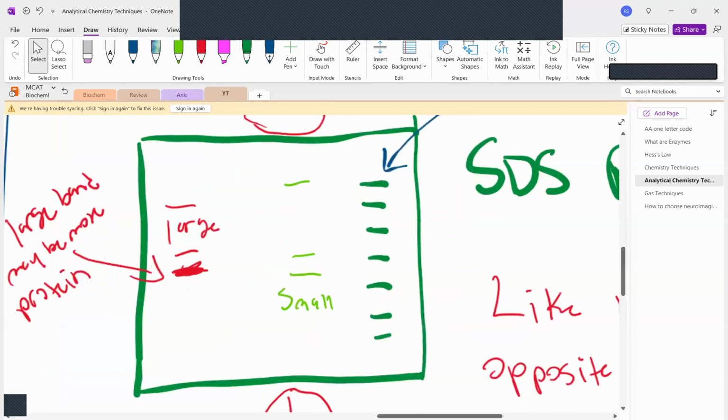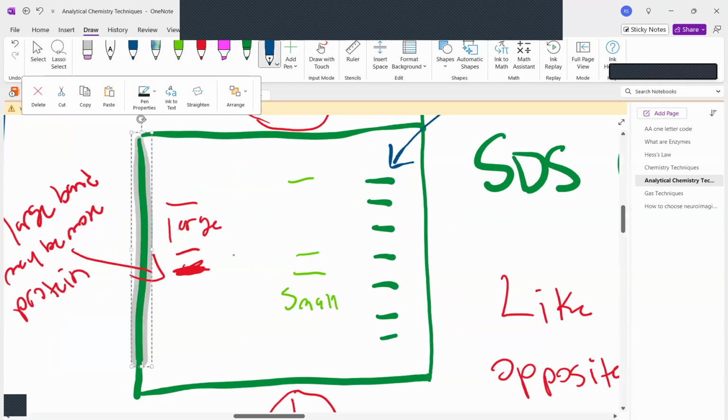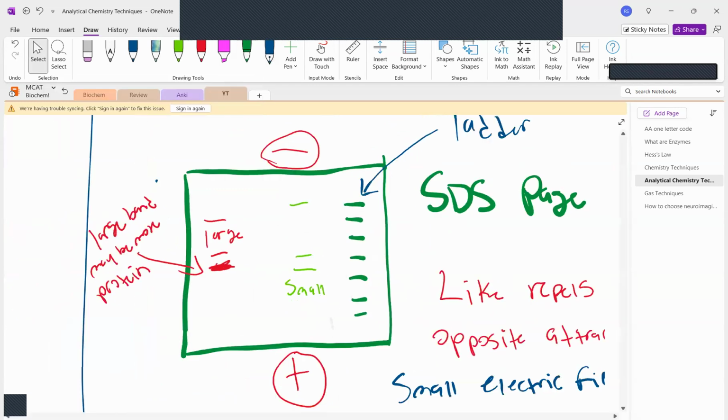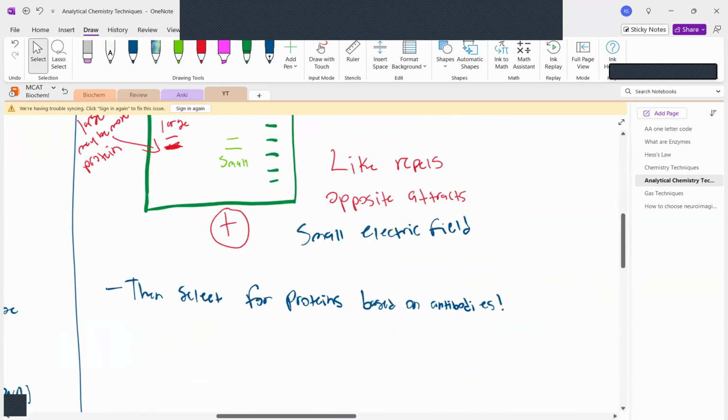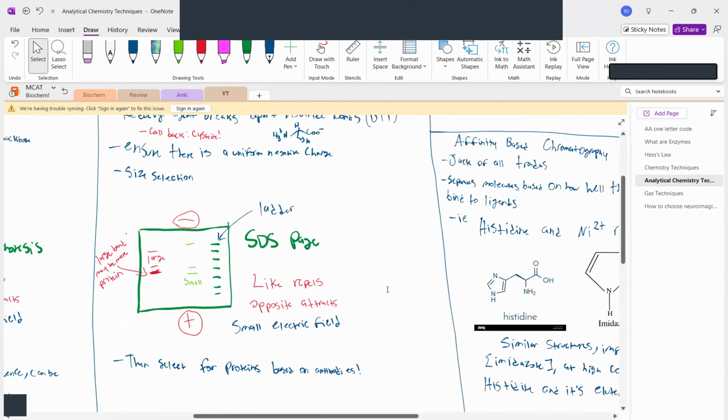If you see something that's thicker, there's probably more of that protein. After you do an SDS-PAGE, you can isolate your protein of interest by using antibodies, because that's what proteins will bind to, those specific antibodies. That's kind of all I have on SDS-PAGE.